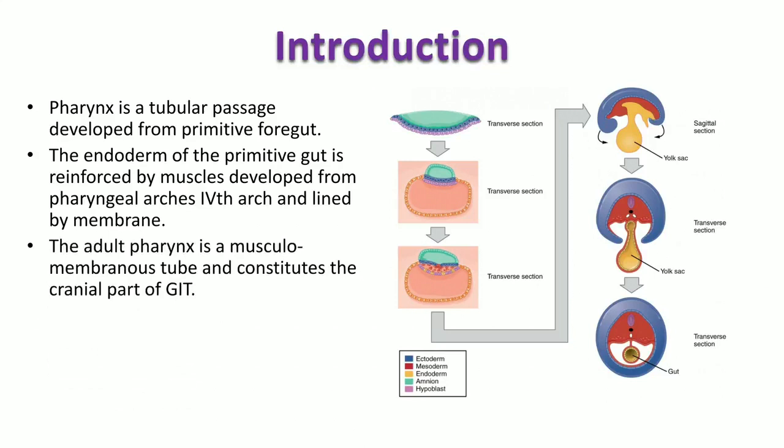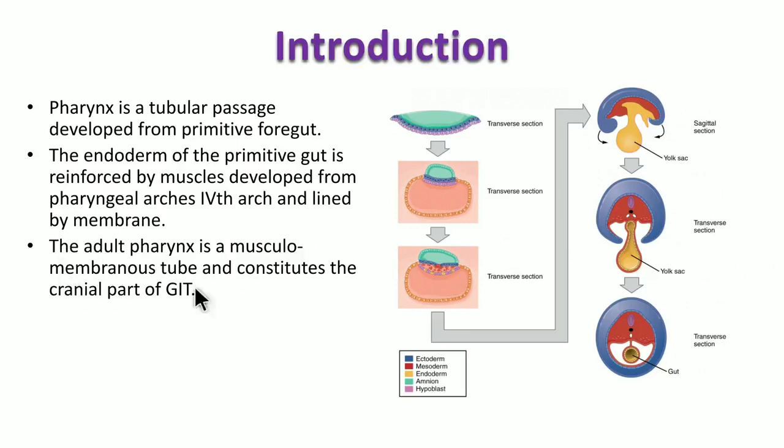In adults, after this development, it is represented as a musculomembranous tube. That muscular part in the pharynx we call the constrictor muscles of the pharynx, and you also have some longitudinal muscles of the pharynx, which are primitively from your inner circular and outer longitudinal layers, slightly disposed or transposed in a different way.